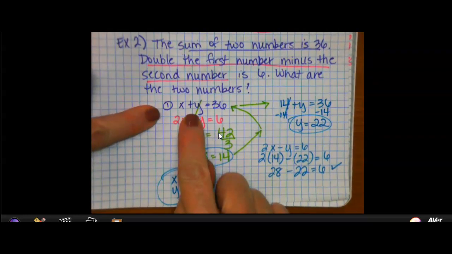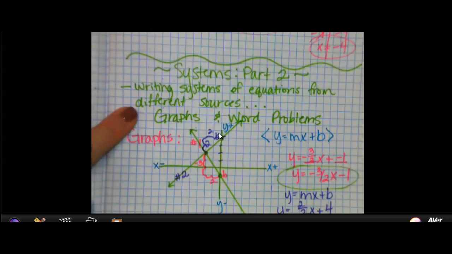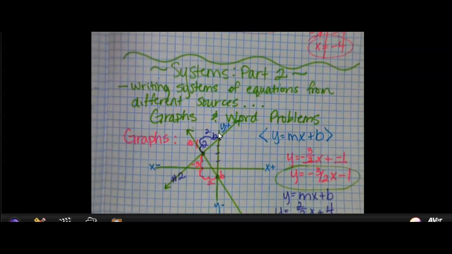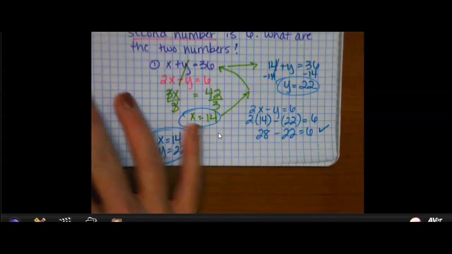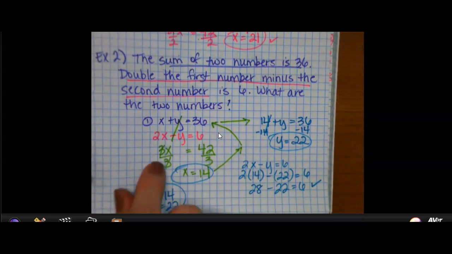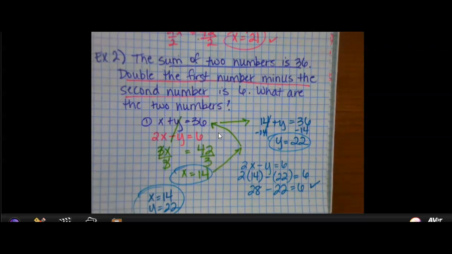So if you flip back to those notes, these are under the notes that said systems, part 2, writing systems of equations from different sources, graphs and word problems, and it was example 2 from those notes. The 2 equations we had were x plus y equals 36 and 2x minus y equals 6.